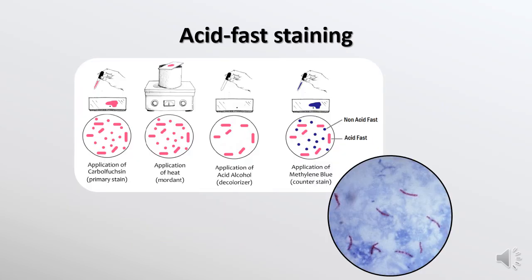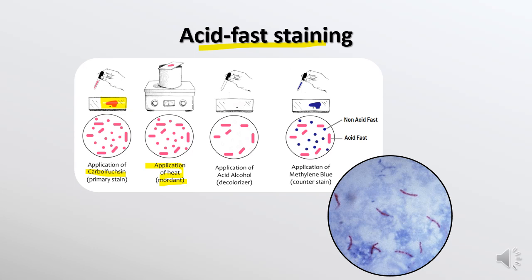Okay, this diagram shows the acid-fast staining. Once you have the smear, we put on the carbol fuchsin. Carbol fuchsin functions as a primary stain, which means that all the cells will be stained red. After that, we heat the slides, and the heat functions as a mordant to fix the carbol fuchsin into the cells.